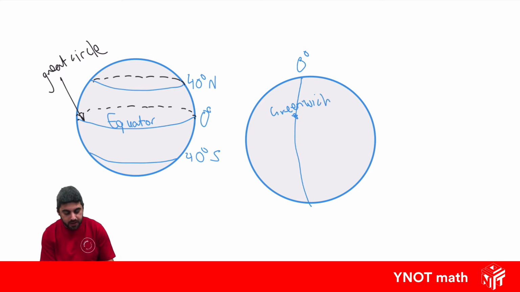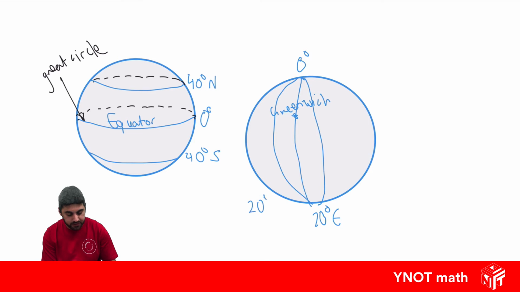Now any longitude that runs on this side is referenced with degrees, say 20 degrees east, because it's on the eastern side of it. And any longitude running on this side is referenced again with degrees, but west, because it's west of Greenwich.